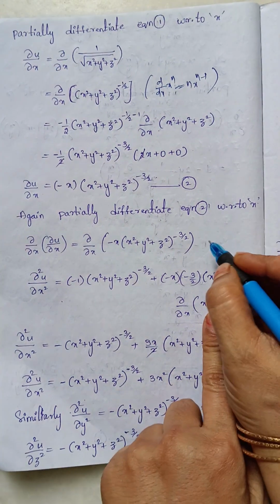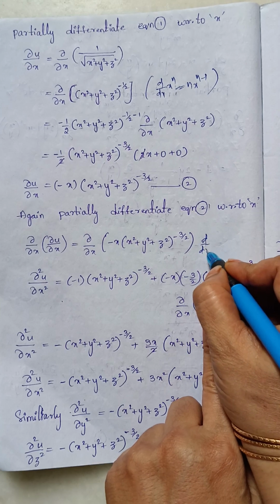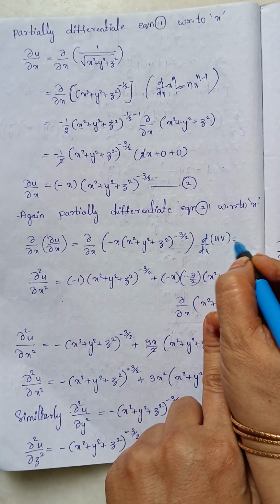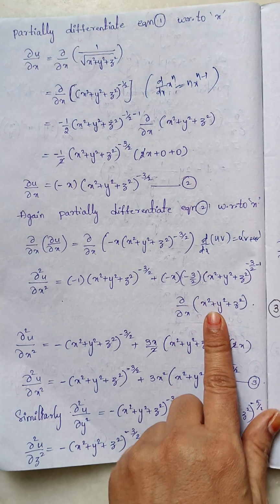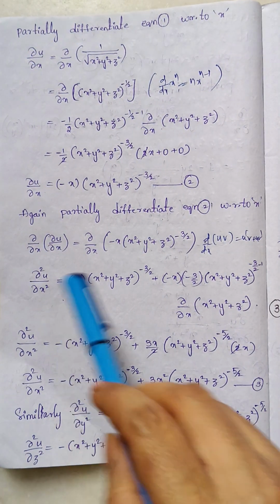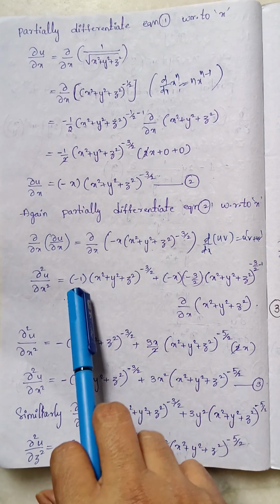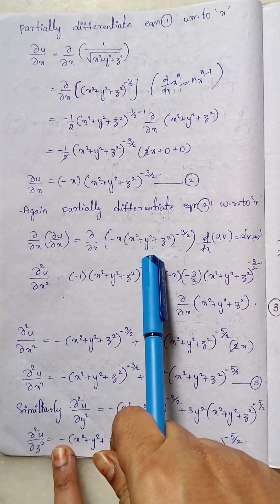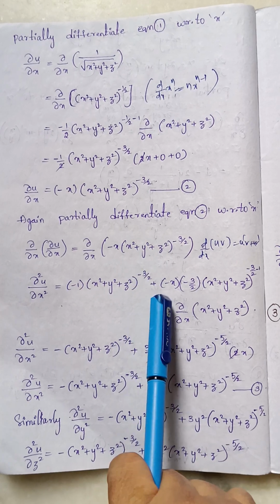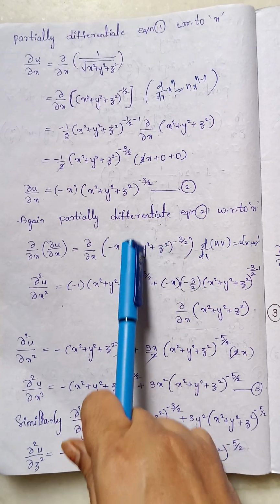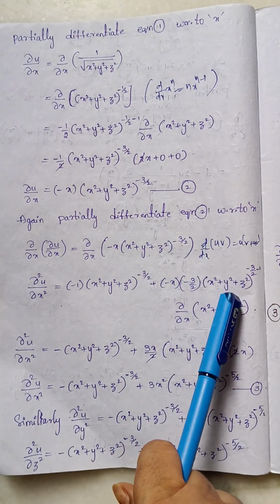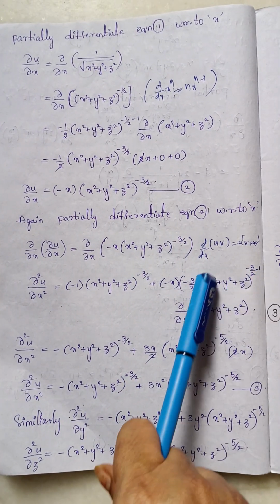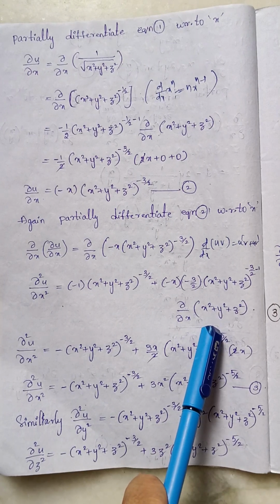We know that d by dx of u into v is u dash v plus u v dash, right? So u dash, the first function's derivative, minus x derivative is minus 1, into v as it is, and also x as it is. This derivative is again in the form x power n, so n into x power n minus 1, again dou by dou x of this function, right?